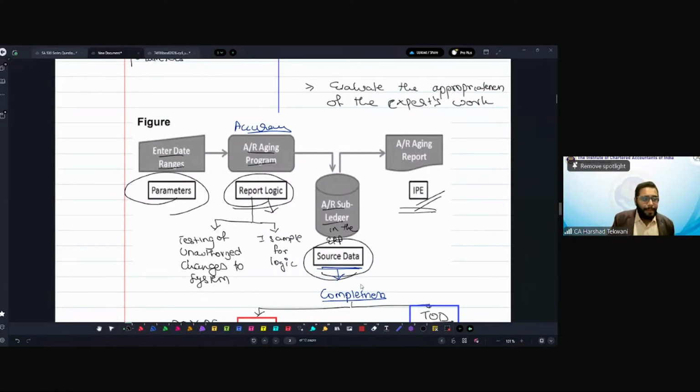Parameters, the last element, is something that I have to check in two different ways. One is observation, and second is reperformance.